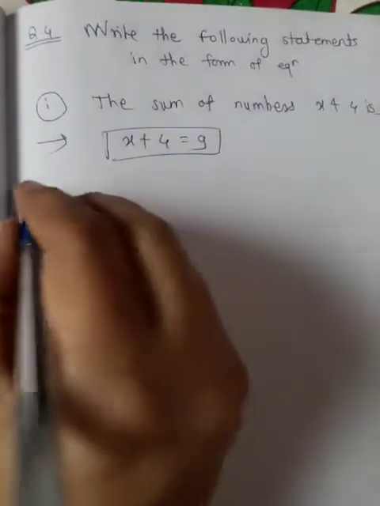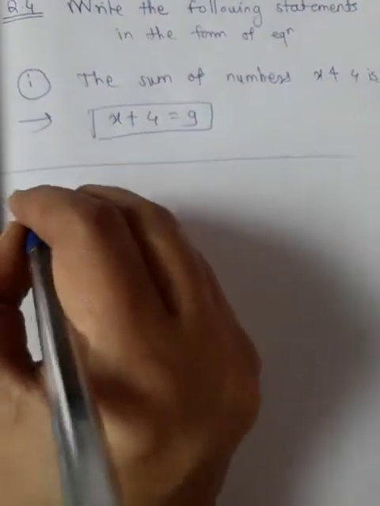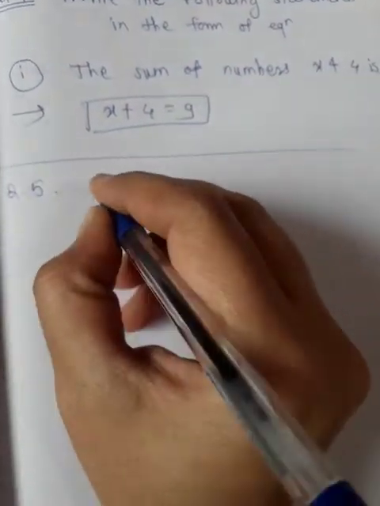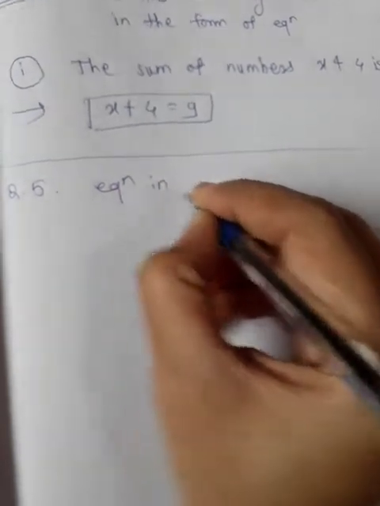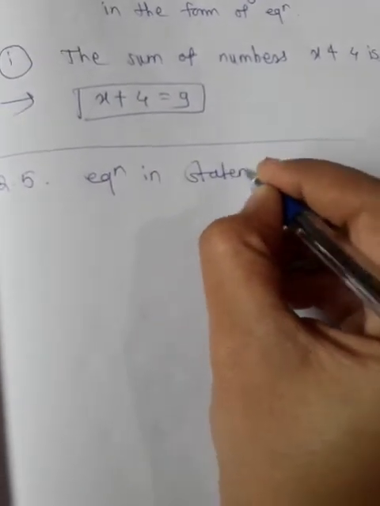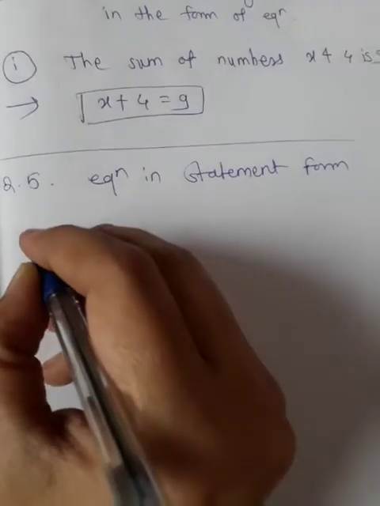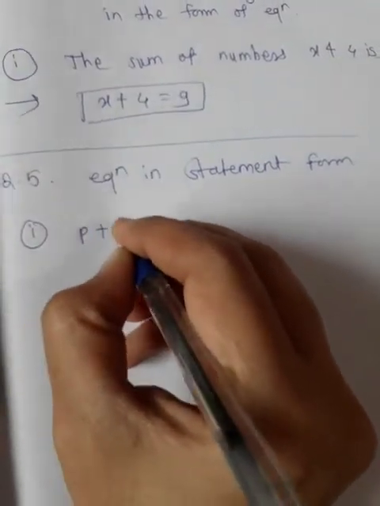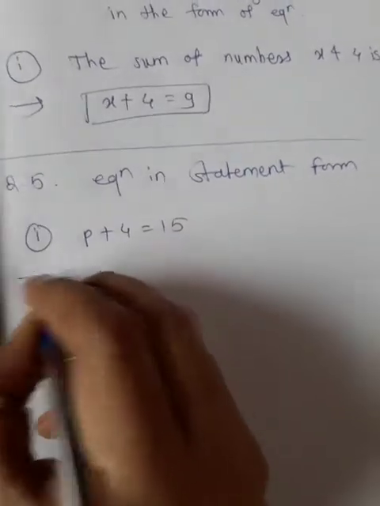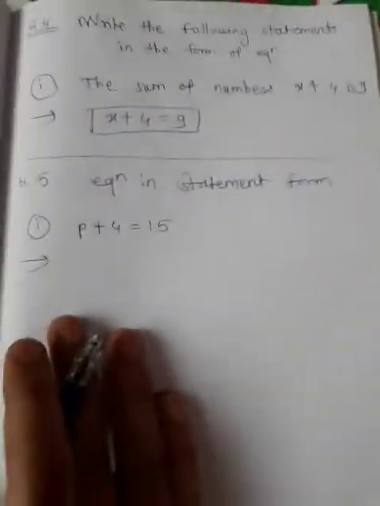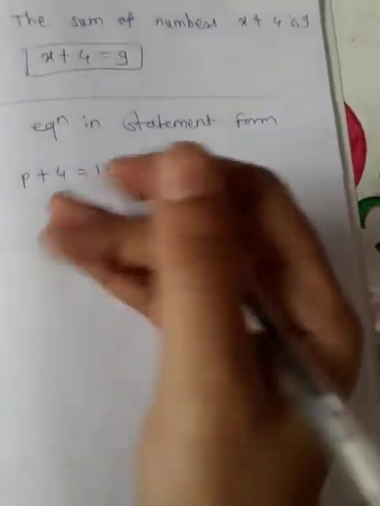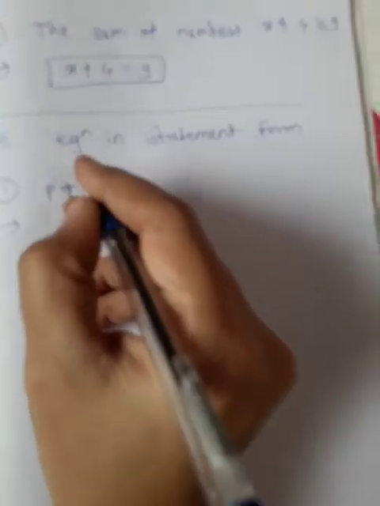That means we have to write the equations in statement form. The first equation is p plus 4 is equal to 15. You can write any statement you want related to this equation.